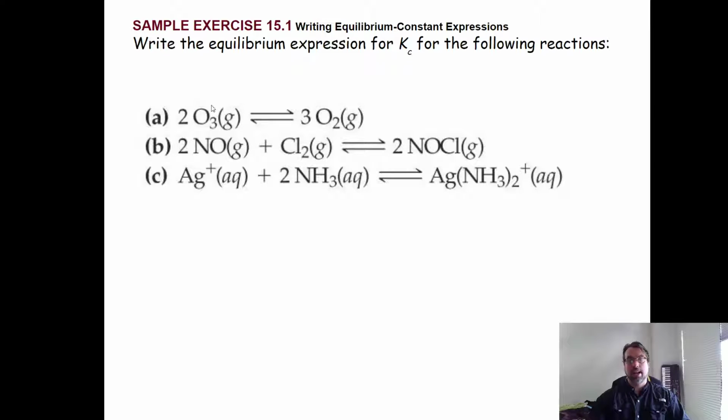Basically, this is our reactant. It's on the left. So we're going to have O3, we're going to put it in brackets, and then it'll be squared. On top, we're going to have O2, in brackets, and it'll be cubed.